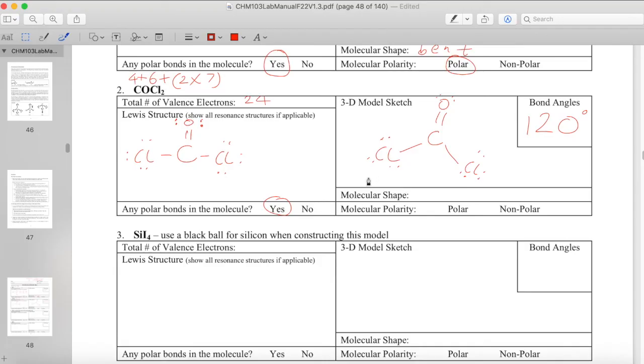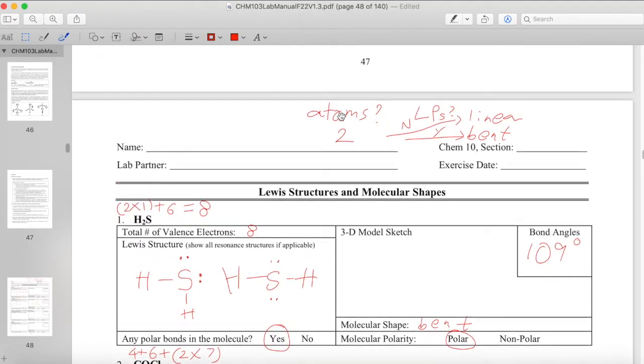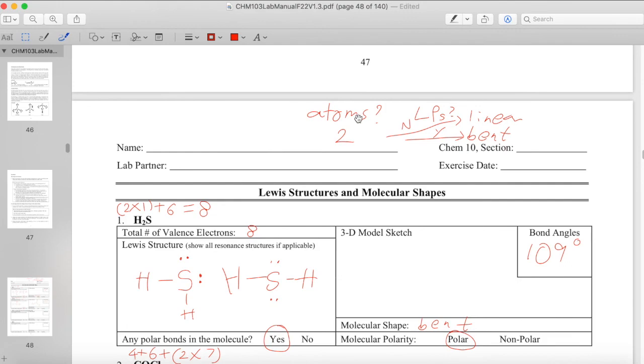Well, I mentioned earlier that if you had 2 atoms around your central atom, your options are either linear if there are no lone pairs, and if there are 1 or 2 lone pairs, it's going to be bent. What if you have 3 atoms around your central atom?